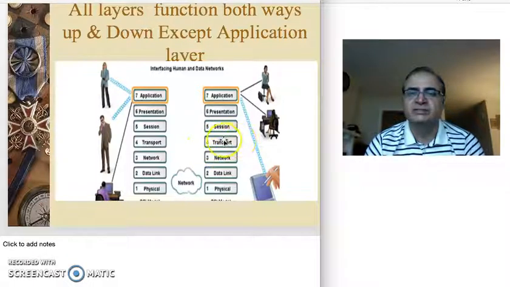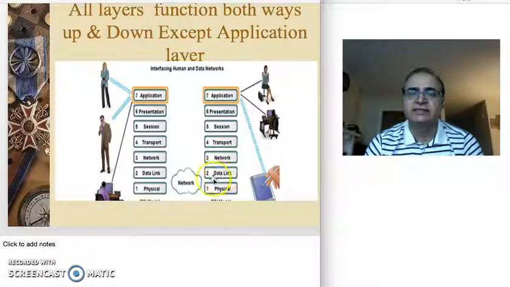Small chunks are formed here. Then the next is number 3, the network layer. The network layer handles all the functions related to the network, like IP addressing. Most of you will be aware of IP addressing nowadays. Every device used on the network has its own unique IP address, which is configured at this layer.